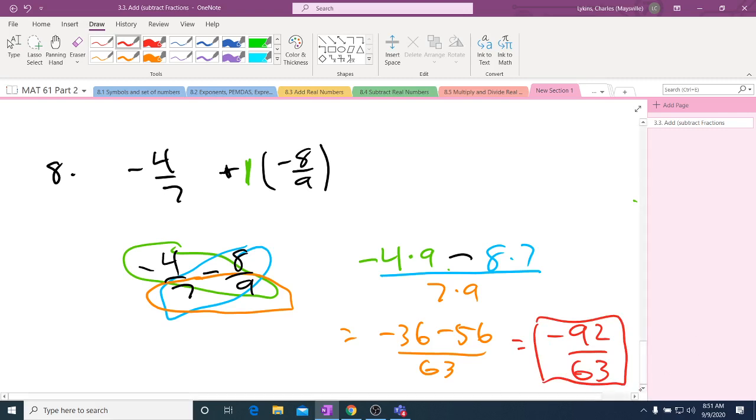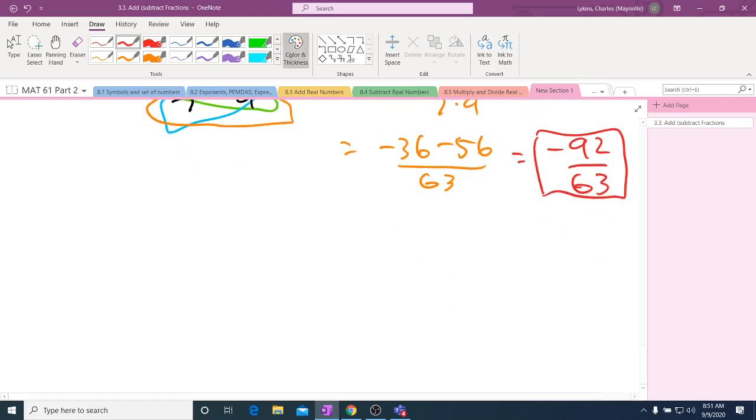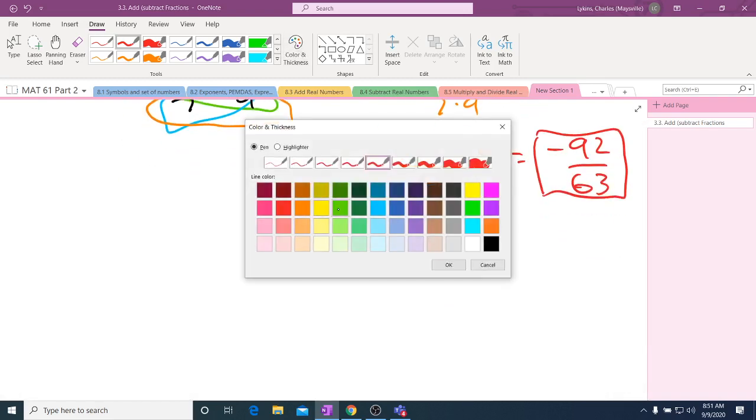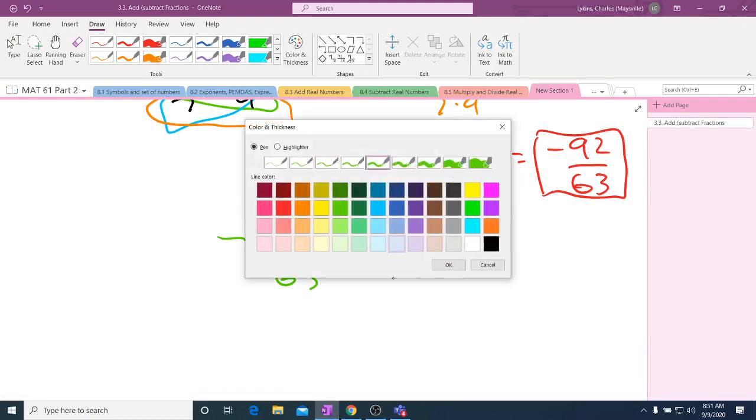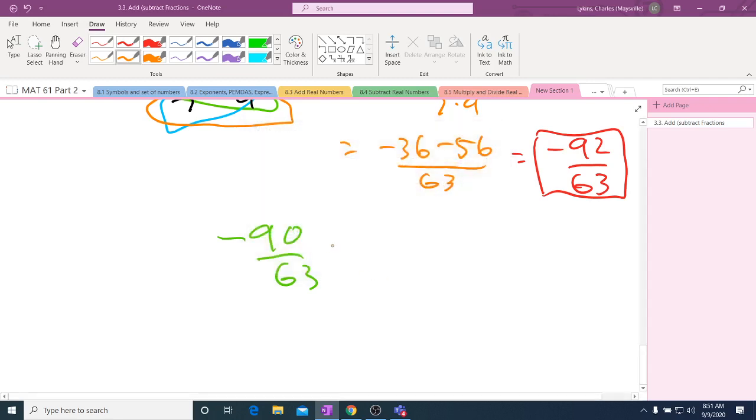Now, in my previous video, I was trying to make an example, and I just kind of botched it up and lost track of my mind. But let's just say that was negative 90 over 63. Okay? Now, if you have the computer program, or maybe you turn this in as a test or a homework assignment or a worksheet or even a quiz, and the answer is wrong because you haven't simplified this.